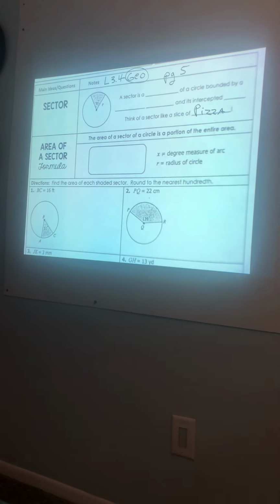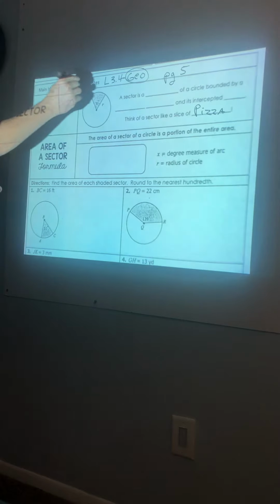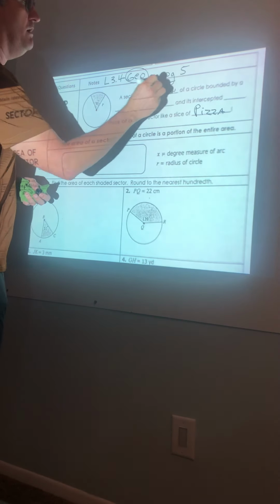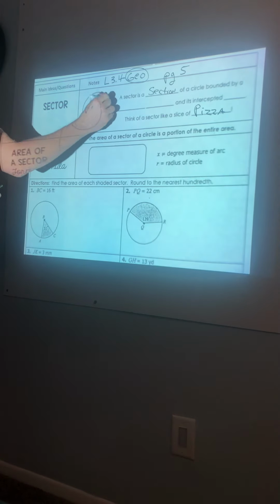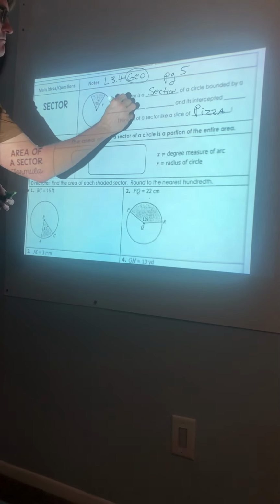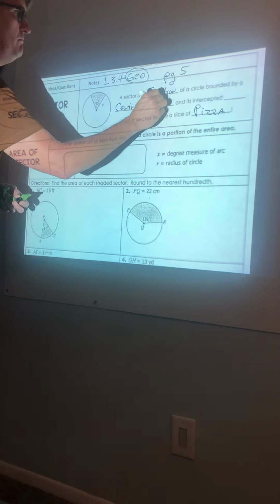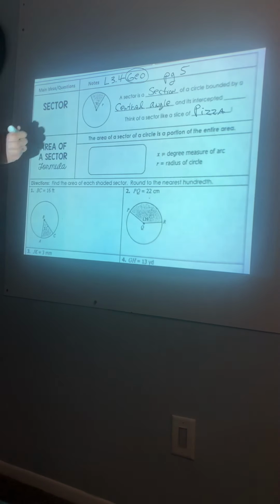If you want the full definition of what a sector is, it's a section of a circle bounded by the central angle and its intercepted arc.